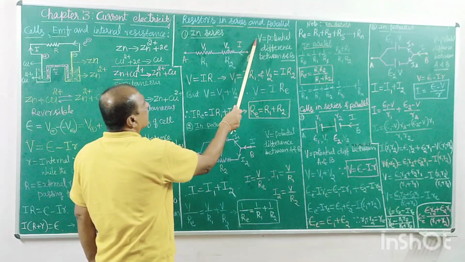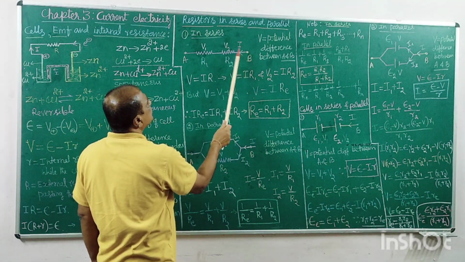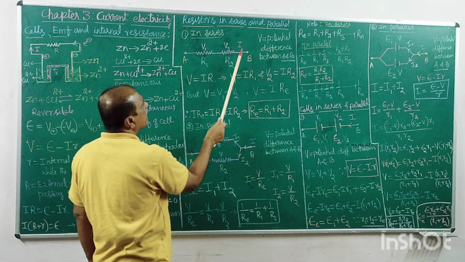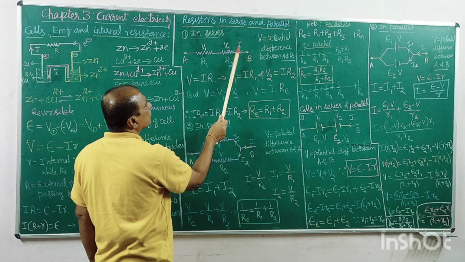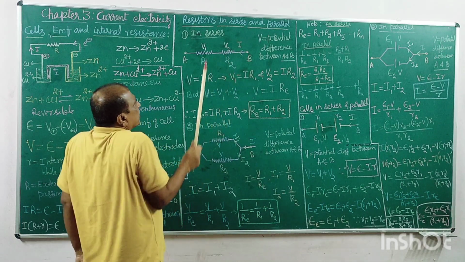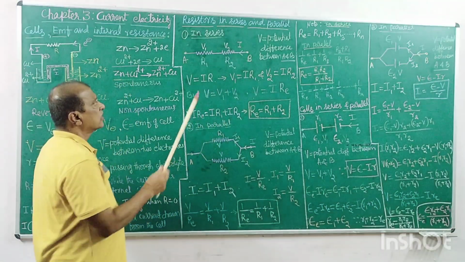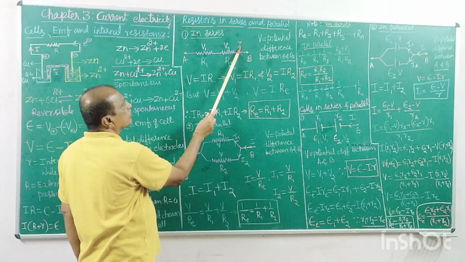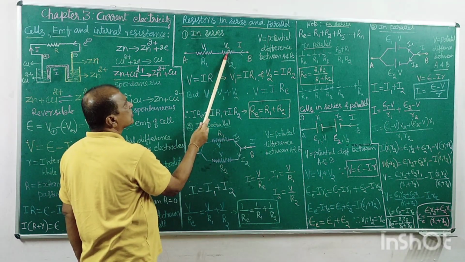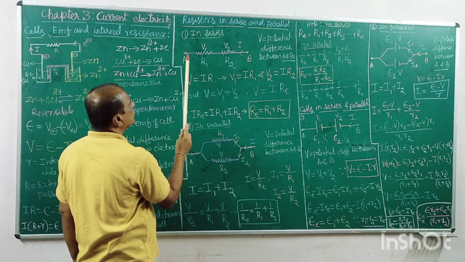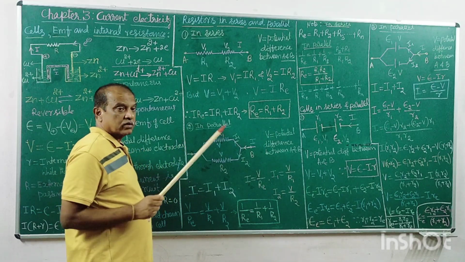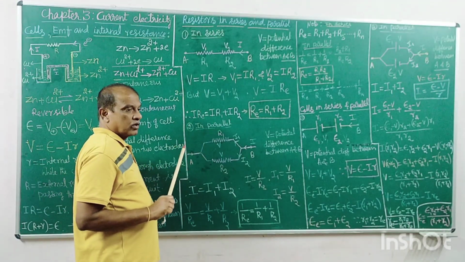So what is the potential difference between this point and this point? What is the amount of current flowing in the conductor? I. If that is the case, what happens? Here the same current flows through this as well as this, from this end to this. No change in current. The amount of current remains the same.